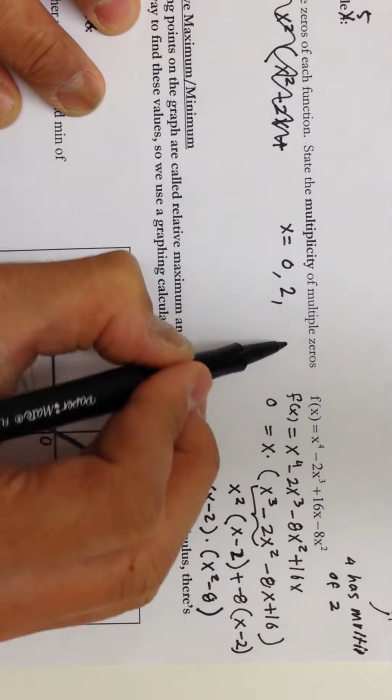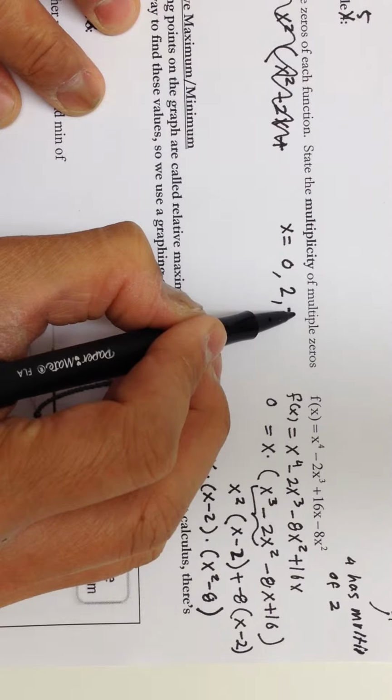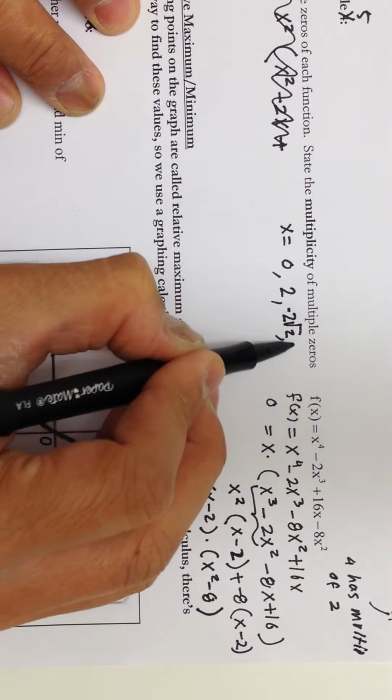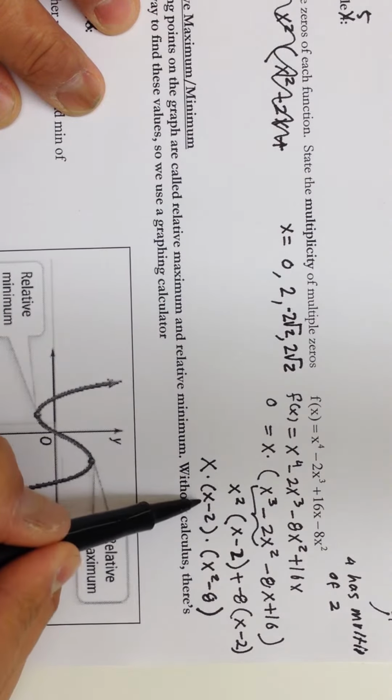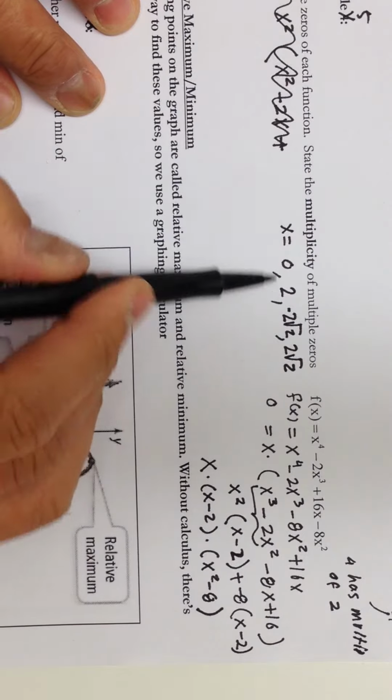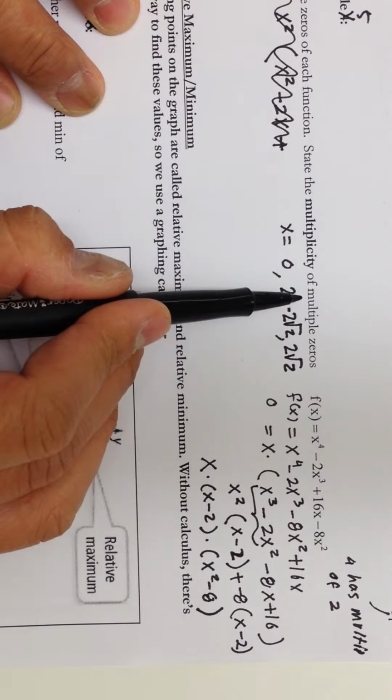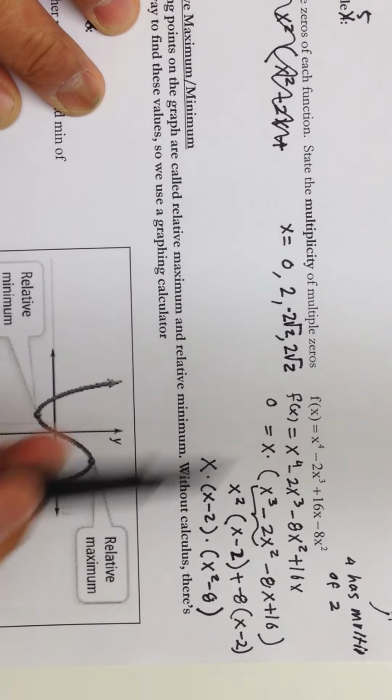If you did that, you're going to get negative 2 rad 2 and 2 rad 2. Alright, so there are no binomials that repeat, and therefore there isn't any multiplicity other than 1.